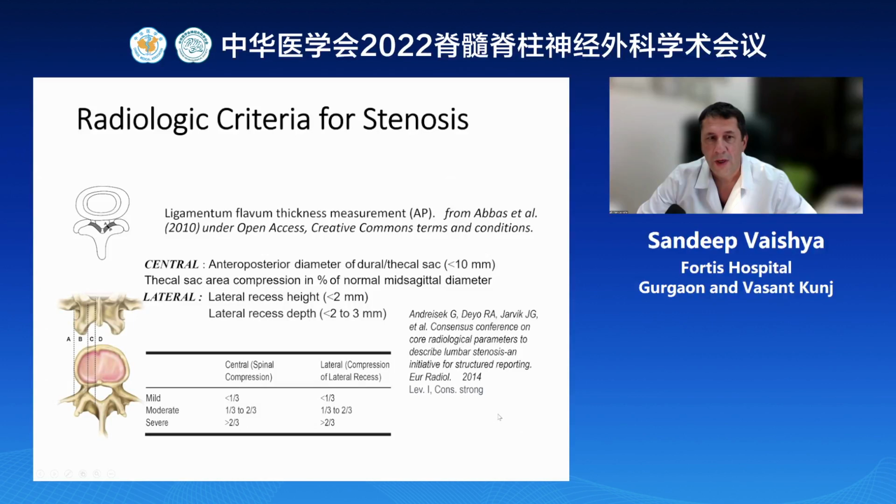So the reason for how to perform the procedure in an endoscopic way is the algorithm which we finally used, which is based on the idea that there are different kinds of stenosis. We subdivide the stenosis into central, in case it is less than 10 millimeters of transectional area, or lateral, in case we have a minimal diameter of the lateral recess of less than 2-3 millimeters.